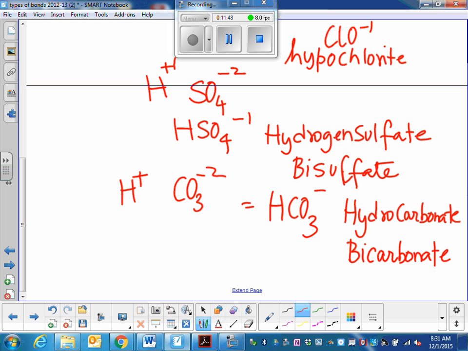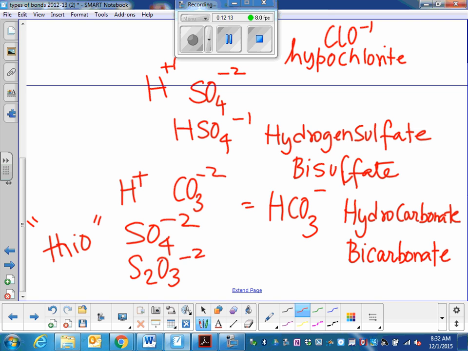Acetate, thiosulfate. The word thio just means oxygen is replaced by sulfur. So SO4 negative 2 is sulfate. If you replace one of the oxygens with sulfur, what does it become?